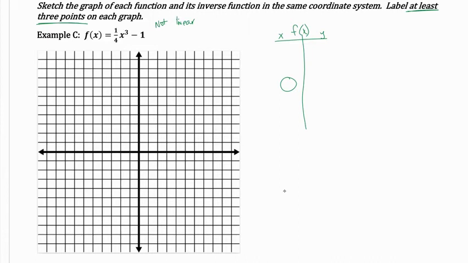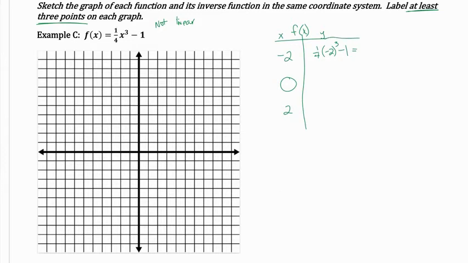And then I've got to multiply by 1/4 or divide by 4, and 8 is divisible by 4. So I'm going to go with -2 and +2. If I go any bigger than that, or if I pick a 1, then I end up with a fraction. It doesn't really matter what number you pick, but I'm going to go with 2 just to give me some nice numbers. Okay, so then when I plug those in, I do 1/4 times -2 cubed minus 1.